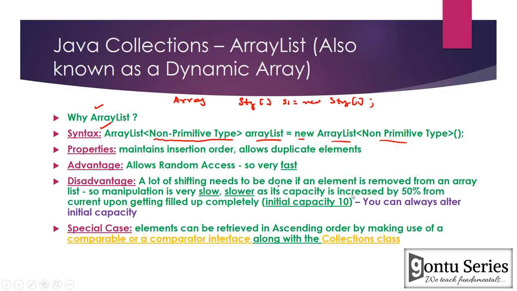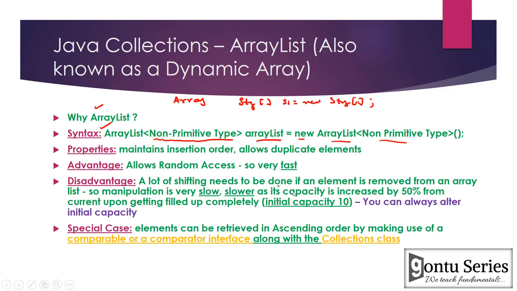Slower as its capacity is increased by 50% from current upon getting filled up completely. Initial capacity 10. Whenever you create an ArrayList of any specific type, behind the scenes it creates an array of that type with a capacity of 10, and then keeps increasing its capacity when you fill up the ArrayList fully, growing by 50% every time.